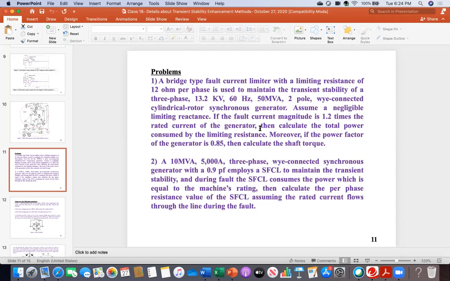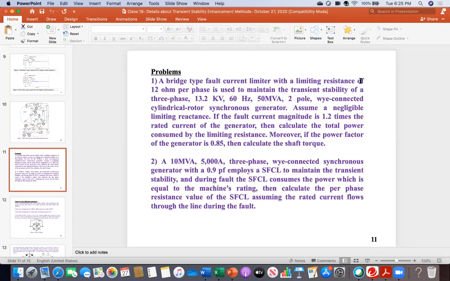So what you have to do is, from the generator information, find out the rated current. Once you get the rated current, the fault current magnitude will be 1.2 times that current. And that fault current will flow through that limiting resistance.